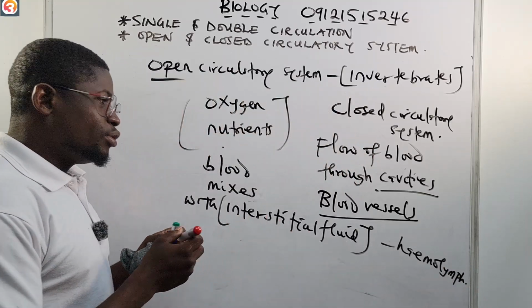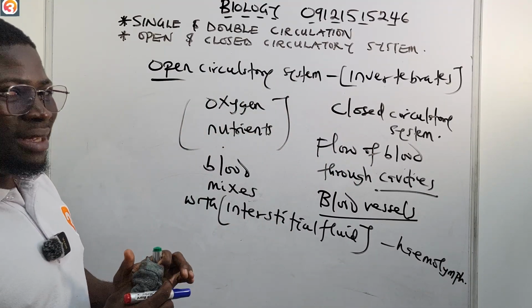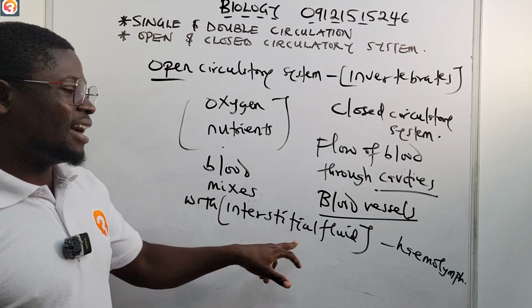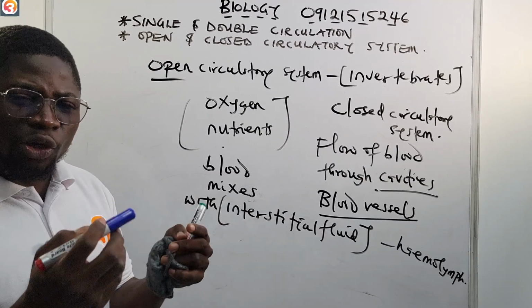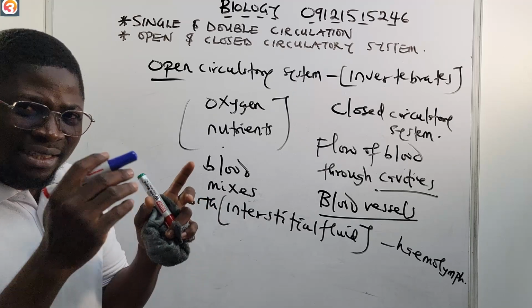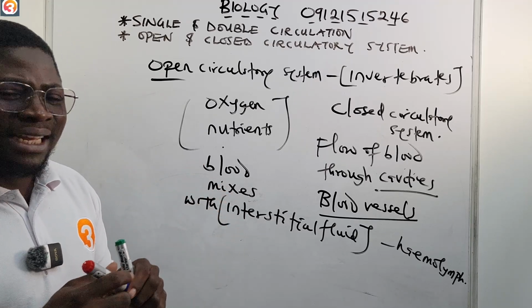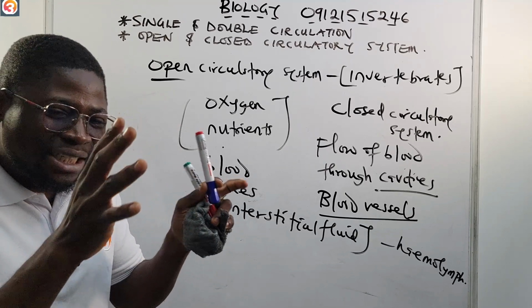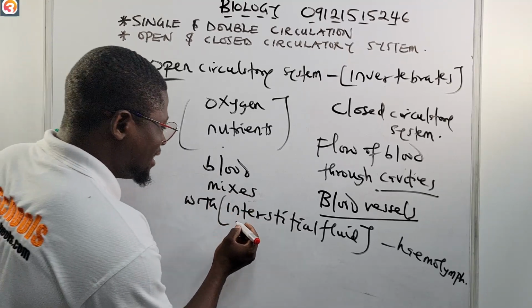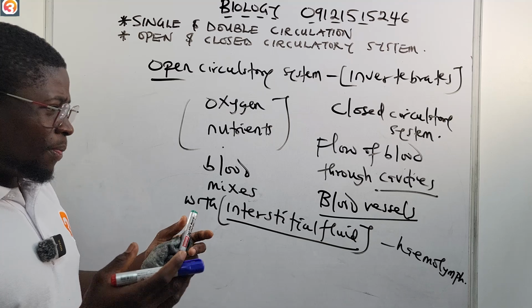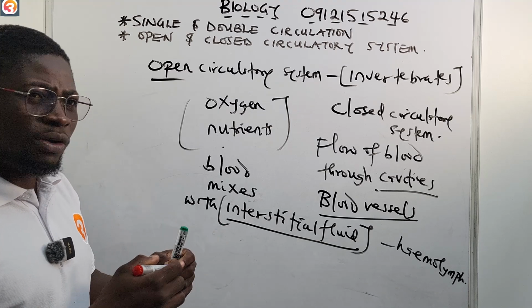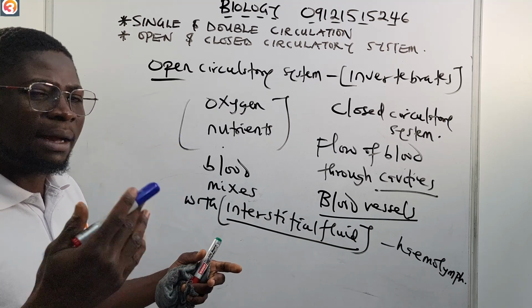In the open circulatory system, blood mixes with interstitial fluid. What is interstitial fluid? Interstitial fluid is a fluid that surrounds the cells and tissues in the body. Usually it is produced when substances leak from the blood capillaries.